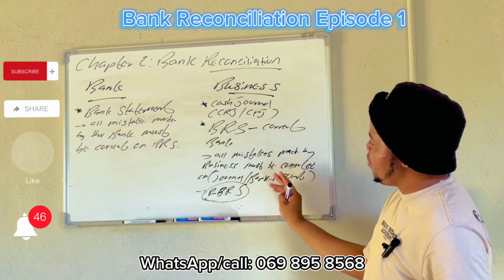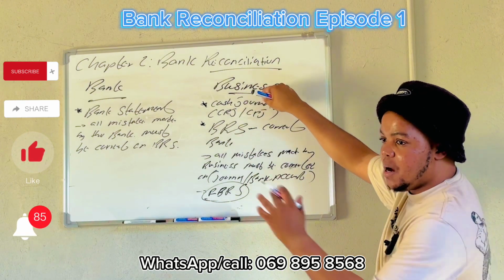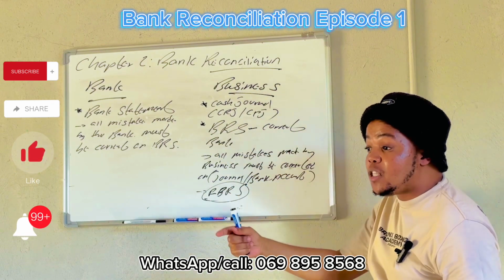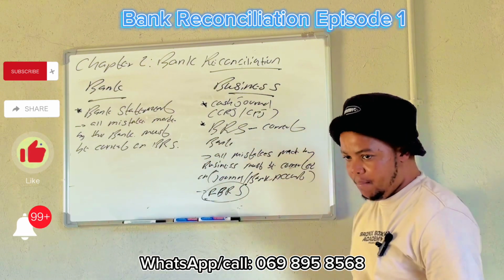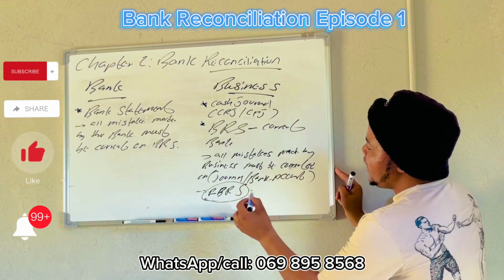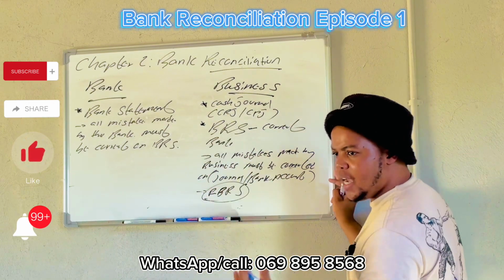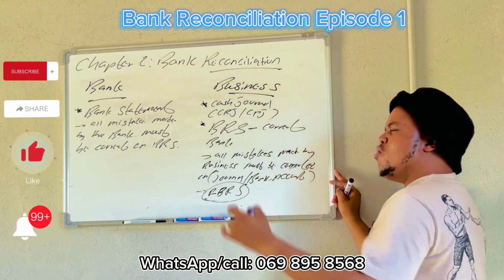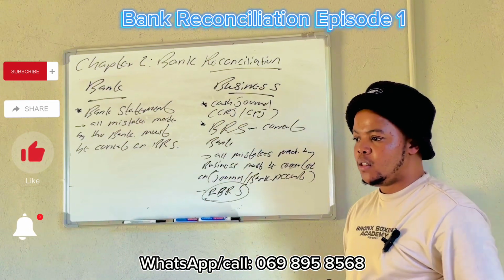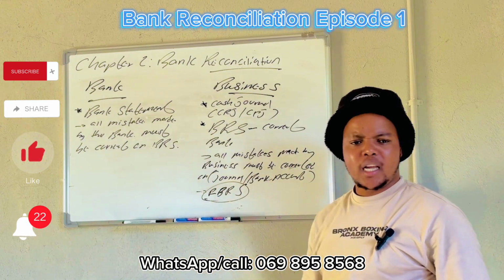Yeah. Then we come here. We say the business is going to prepare the questionnaires, right? Money in, money out. And we are also going to prepare the BRS to correct the bank. And then, if any mistake is made on the previous BRS, for example, who made the mistake actually? The business, because it's the one that prepared the BRS.